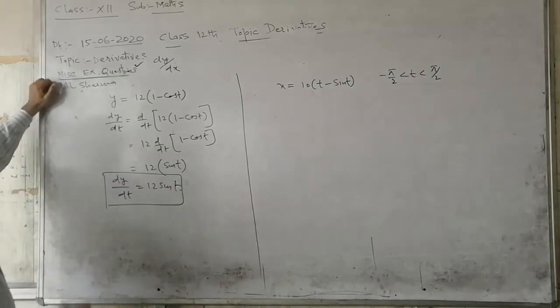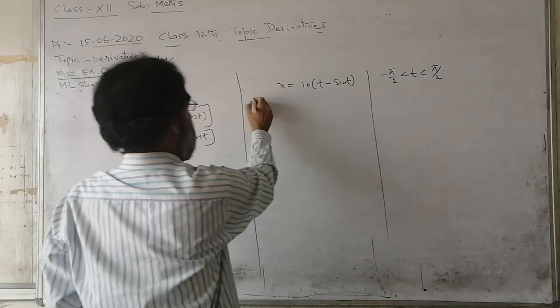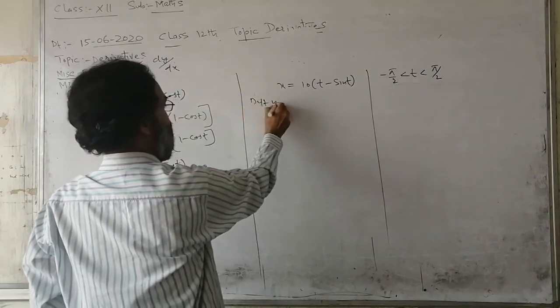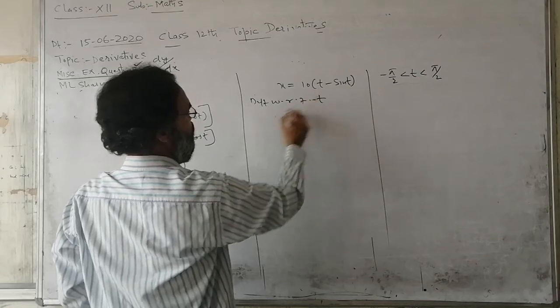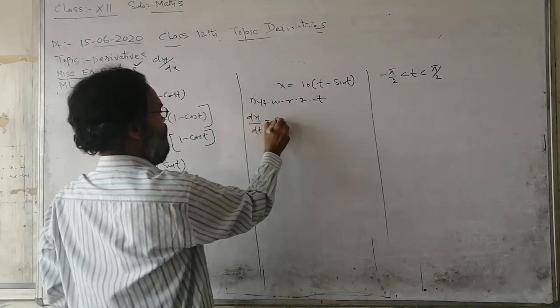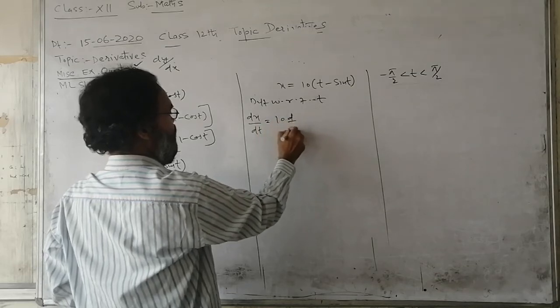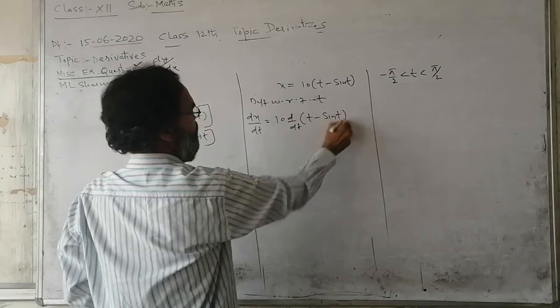In the same way, here I differentiate with respect to t on both sides, dx upon dt. 10 can be taken outside, t minus sin t.